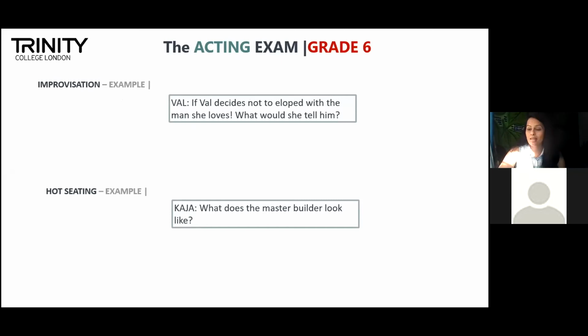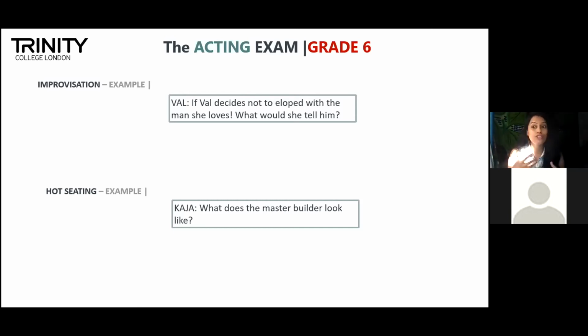So the examiner would give something like, if Wall decides not to elope with the man she loves, what would she tell him? So you would see that this is totally opposite to what happens in the play, and therefore gives room for the candidate to imagine and think of those things which would have troubled Wall, which are not literally written in the book, but what would have troubled Wall, because of course it is not easy for her to leave her family and choose love.